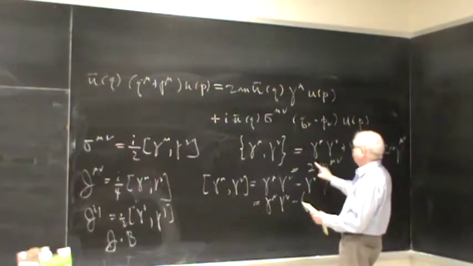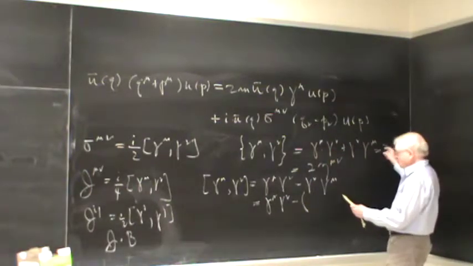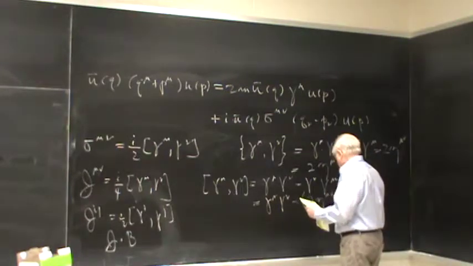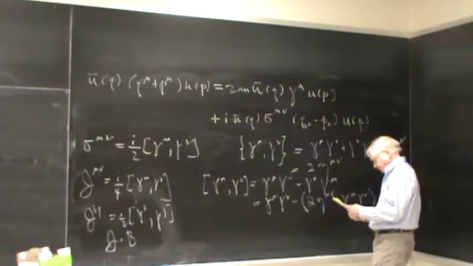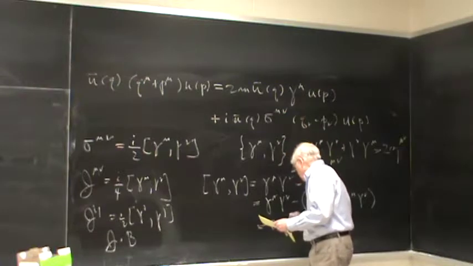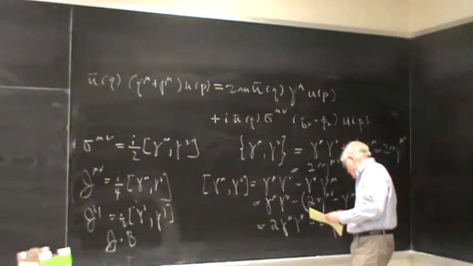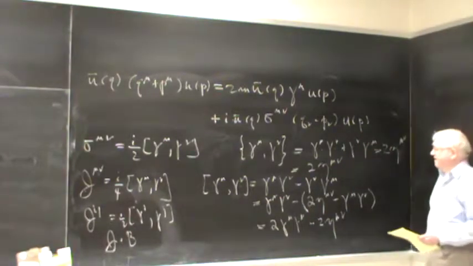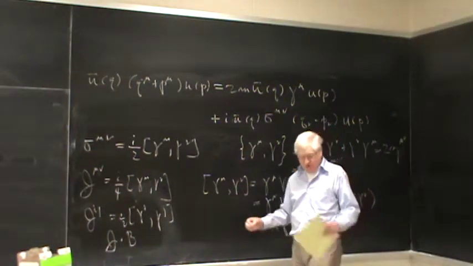So you can write γ^ν γ^μ as 2η^μν − γ^μ γ^ν, and so this turns out to be 2γ^μ γ^ν − 2η^μν. So that's the essence of σ^μν.